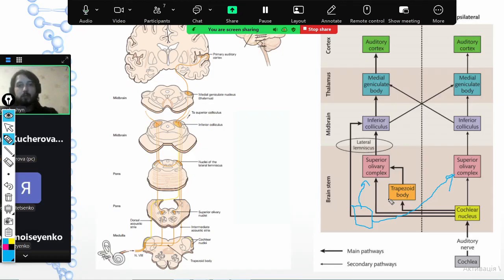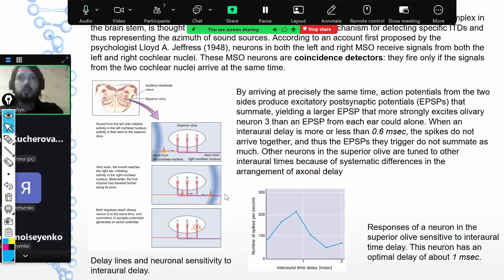So they get inputs from both cochlear nuclei. So only half of the scheme is shown, but by symmetry you might guess what happens. And here you see different neurons taking inputs from them, both.